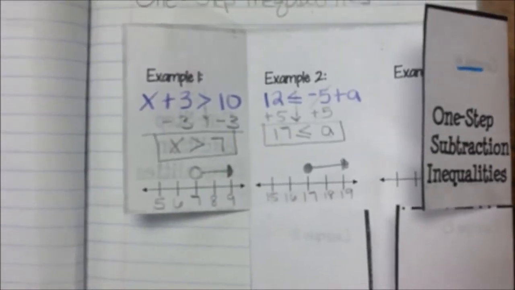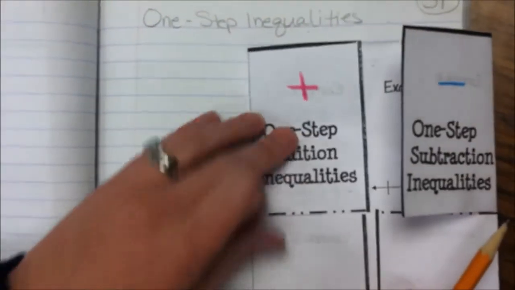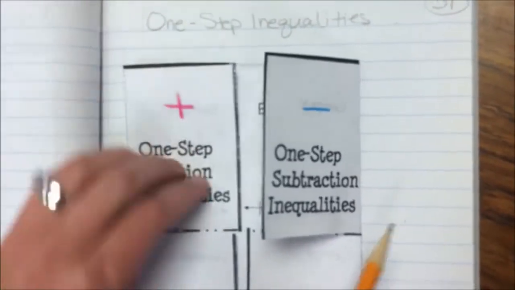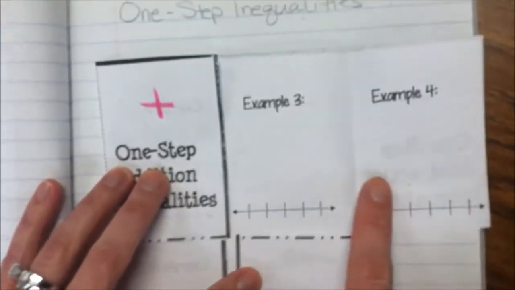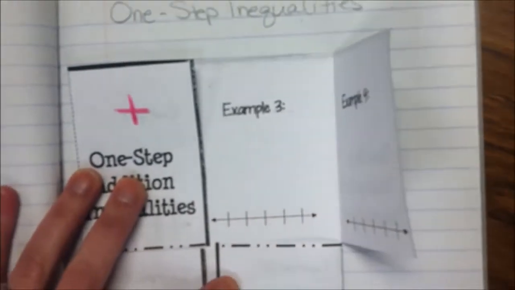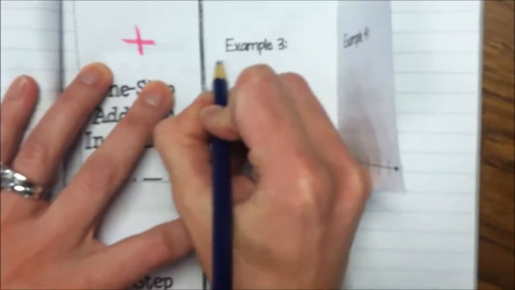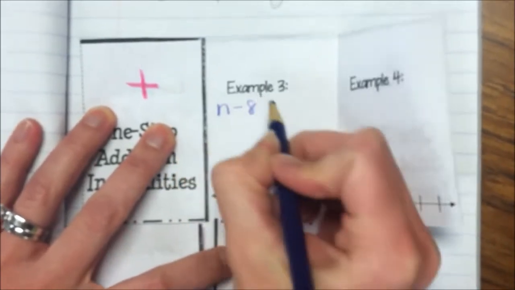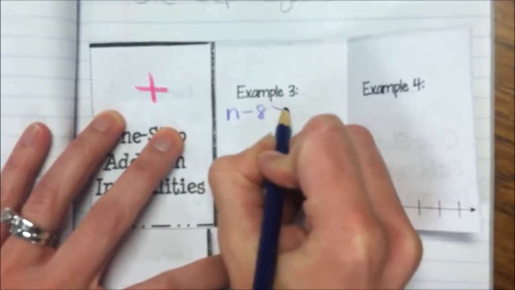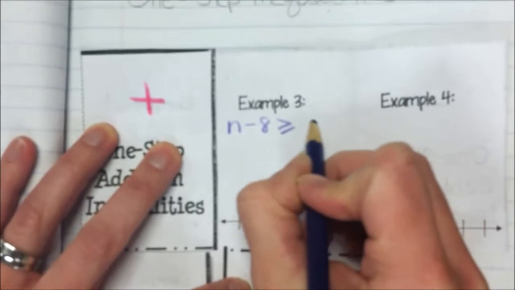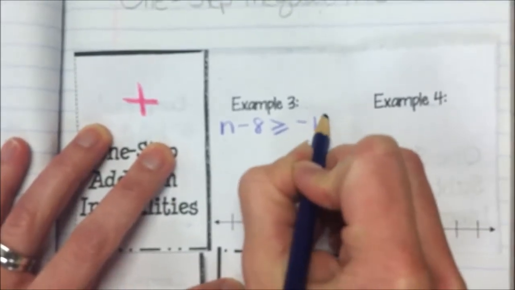All right, that was adding inequalities. Now we're going to go to subtracting inequalities. So our example number 3 is going to be n minus 8 is greater than or equal to negative 11.